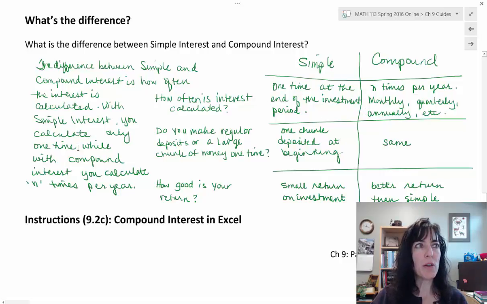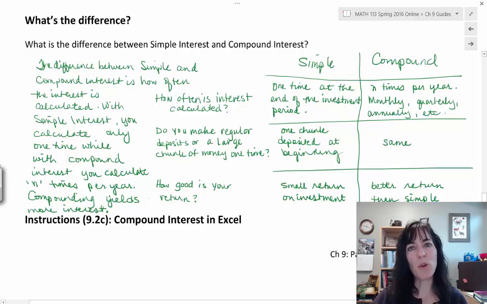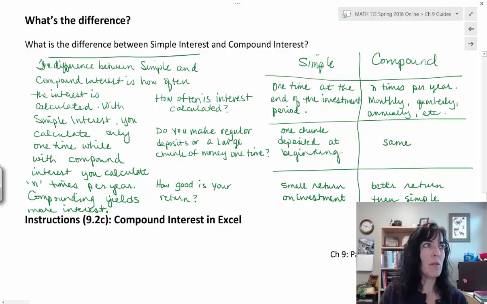With simple interest, you calculate only one time, while with compound interest, you calculate n times per year. And then I could write one more statement here that would say compounding yields more interest. And that kind of summarizes this last row on the table. So that would be my answer for the difference between the two.